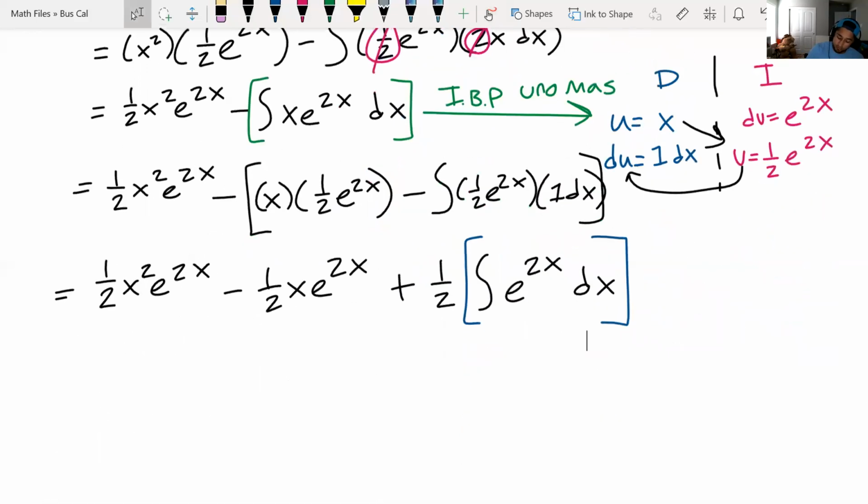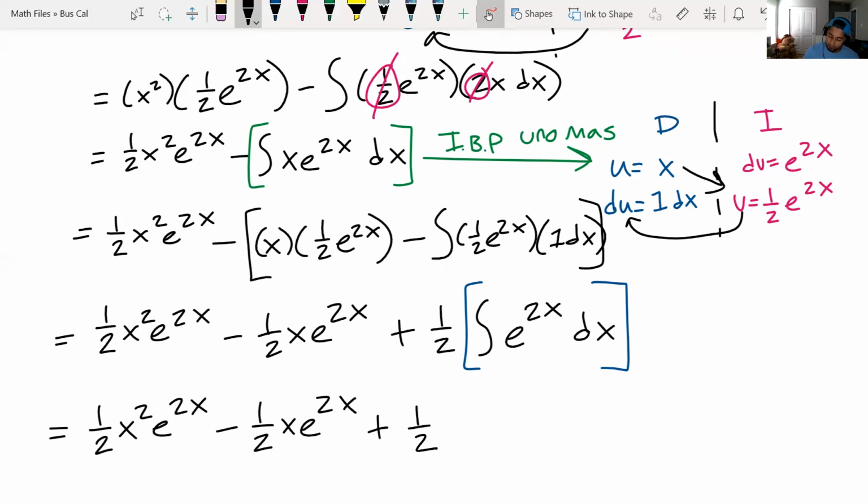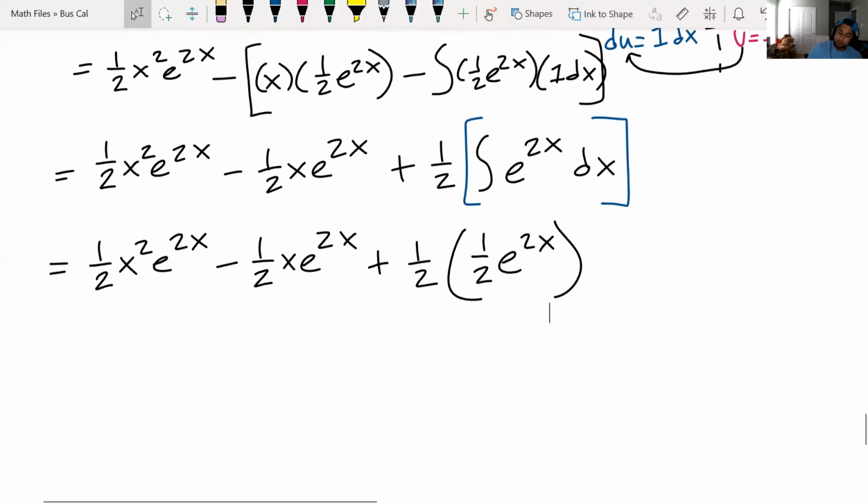We'll be done forever. Okay, so I get 1/2 x squared e to the 2x minus 1/2 x e to the 2x plus 1/2 times the antiderivative of e to the 2x, which we've done twice already, which is 1/2 e to the 2x. Okay, one last simplification.